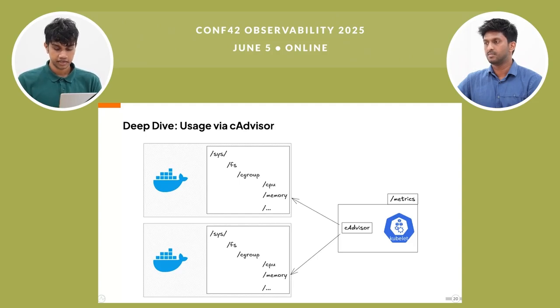Then it interacts with the cgroups file system of that particular container, and from those cgroups, it reads the values for CPU, memory, and other metrics that need to be extracted. After reading those values, cAdvisor exposes a metrics endpoint, which the Prometheus instance can scrape. So with this, we can get detailed resource usage for every container out of the box.